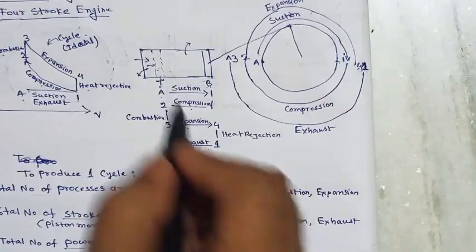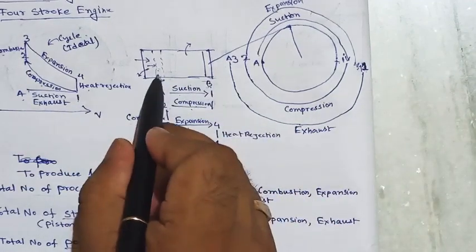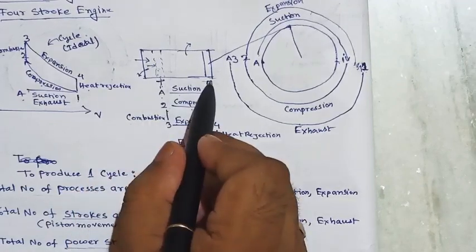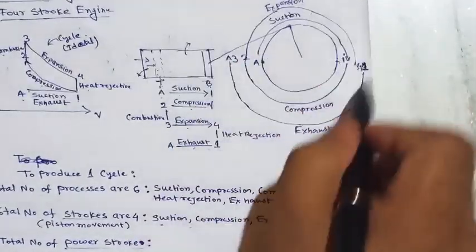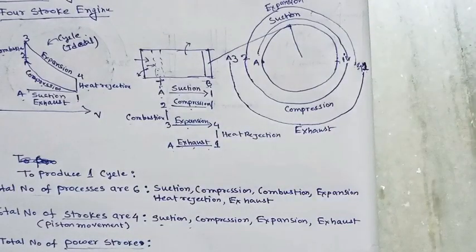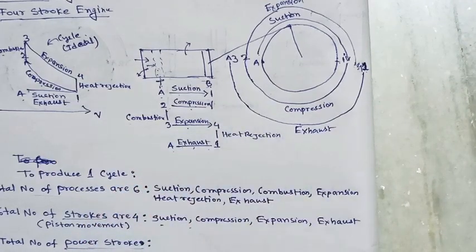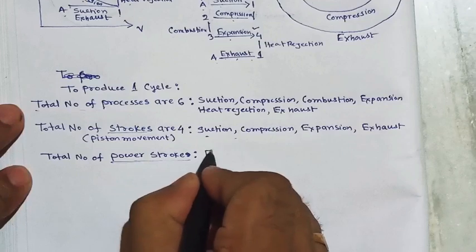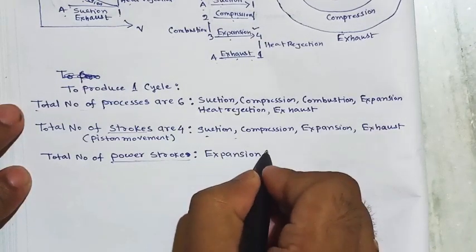When a huge amount of heat is generated, the expansion process takes place, and the sudden movement of the piston from 3 to 4 supplies power to the crank and automatically produces the other processes. Okay, so only the input power is given by the expansion process. So the power stroke is the expansion stroke. Okay, so this is the expansion process.